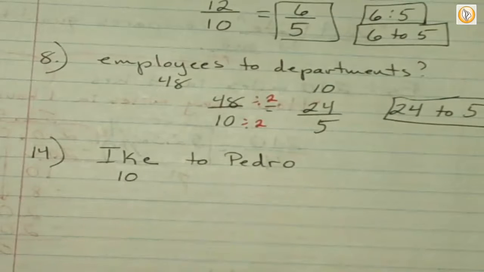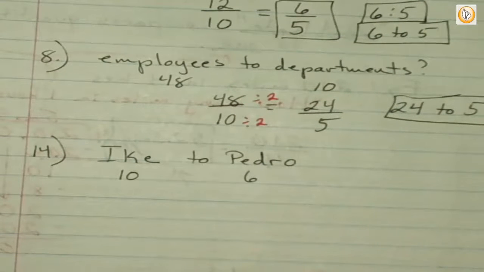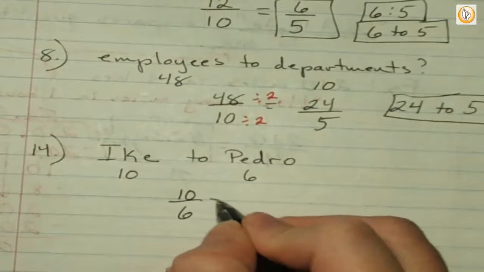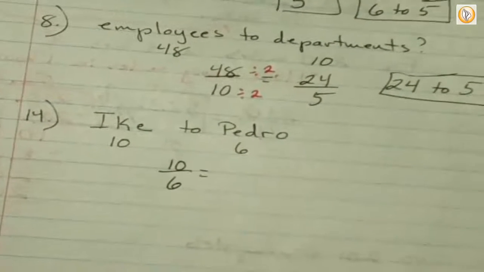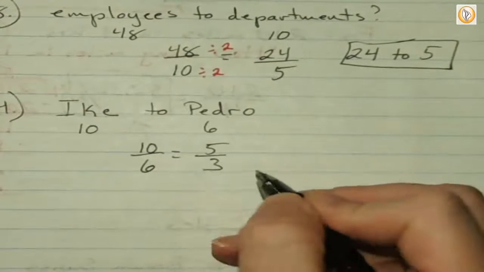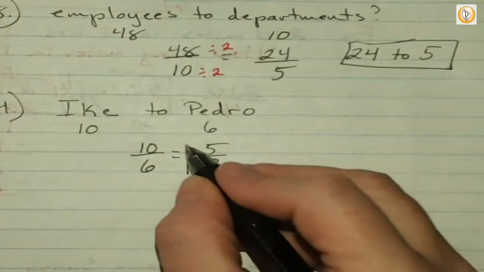And Pedro has? Pedro has 6. Very good. So how would I write that? 10 over 6. Very good. Then you would reduce that. So that would be 5 over 3. Good job.